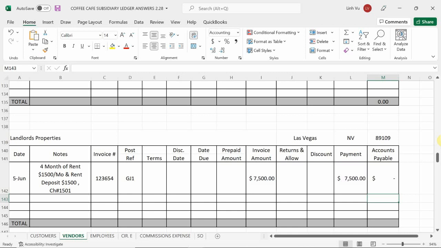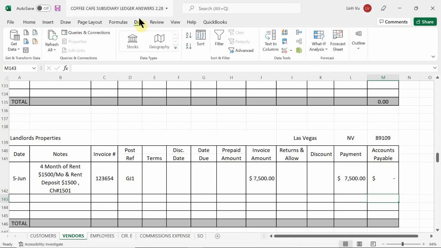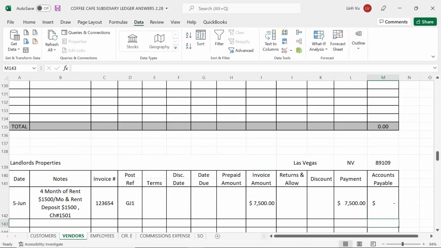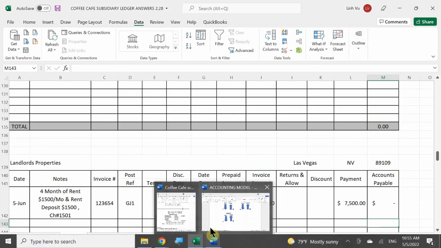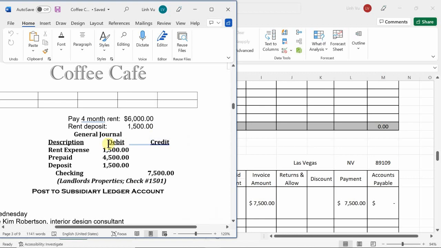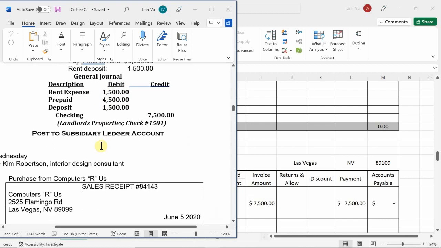Okay, so that's why my accounts payable is 0. So that is this here. Okay, so we just paid for rent and just used the subsidiary ledger for the first time. Okay.